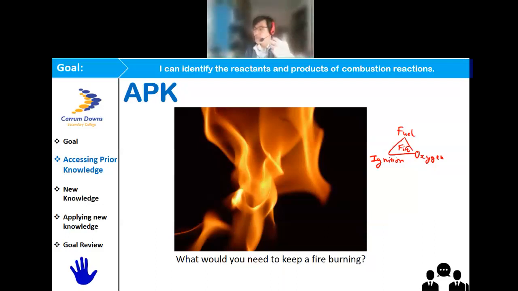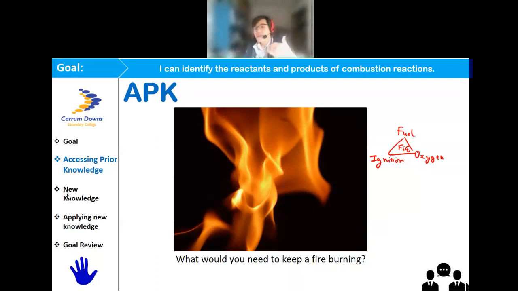So normally what you do is you would spray a fire with water, and what the water does is that because it covers up the fuel, it doesn't react with the oxygen. Okay, the oxygen doesn't get to the fuel, and so therefore you put out a fire.